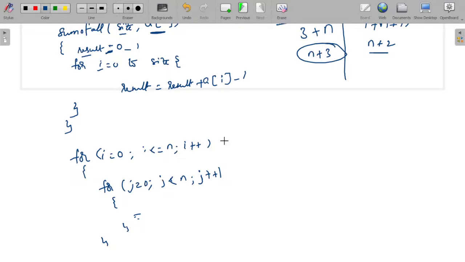Because, for example, there are 3 rows here and 2 columns here. The total number of times this loop is going to get executed is 3 times for the rows, and for every row there are 2 columns, so it is multiplied by 2. So it is going to be 6 times. This can be represented in time complexity as n square, or n square plus 2.